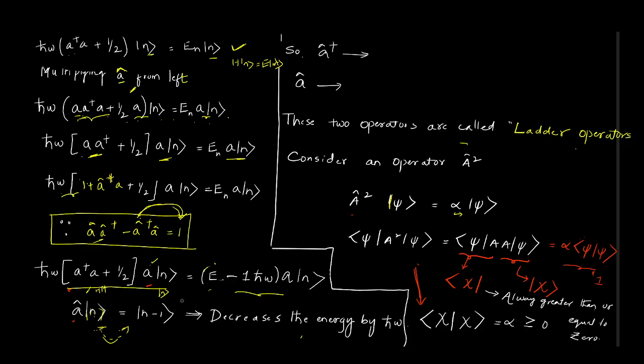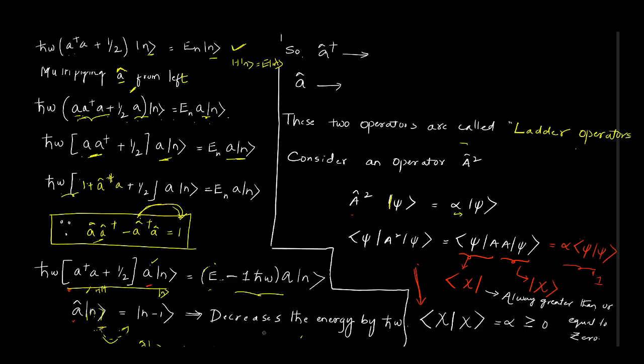It means whenever a is operated on any state, the state will be decreased by 1 unit, or the energy decreases by ħω, whereas A† increases the state or energy.